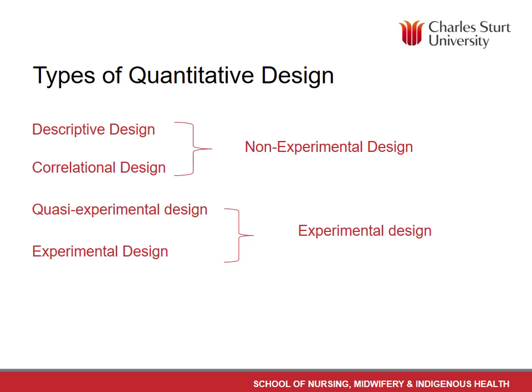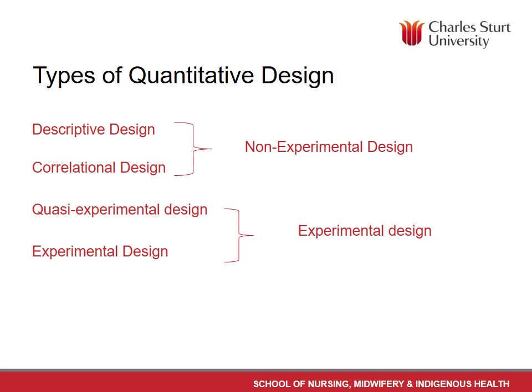Now that's where it becomes difficult, and that's why the quasi-experimental designs were brought into place, because they give you the capacity to look for causation in situations where complete controls, for example randomization, are not as possible. It's much more practical, feasible, and cheaper, because sometimes research is expensive.